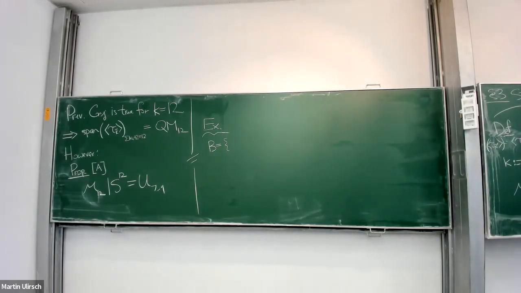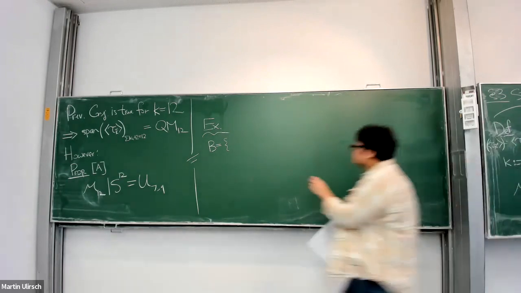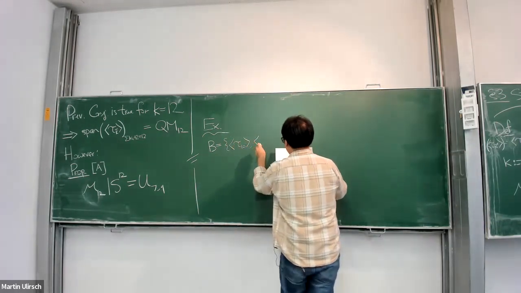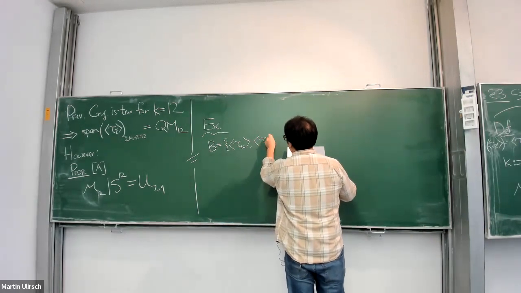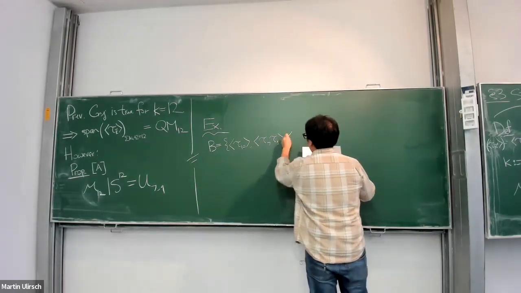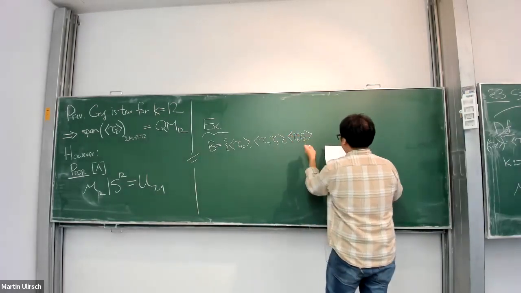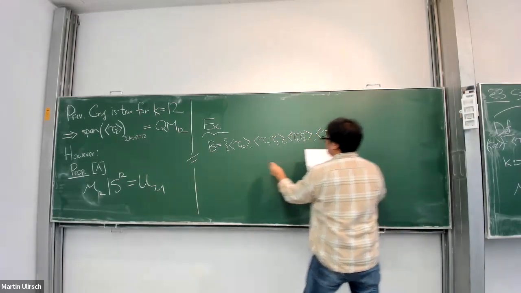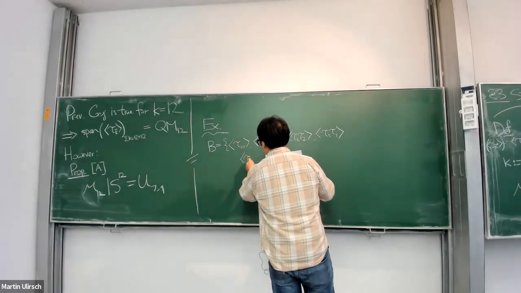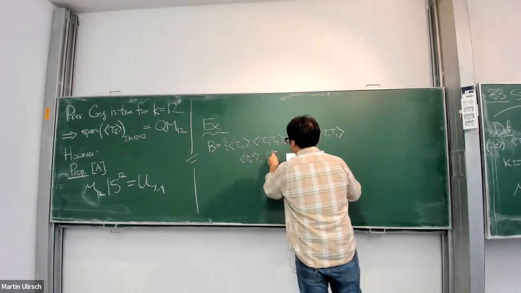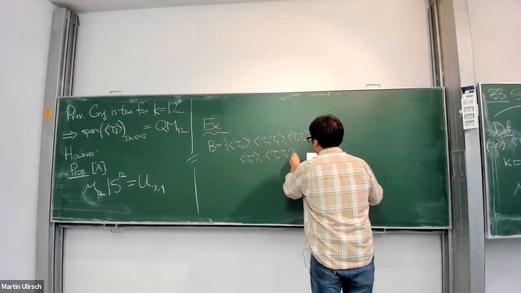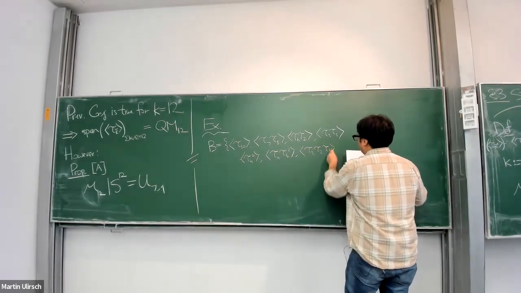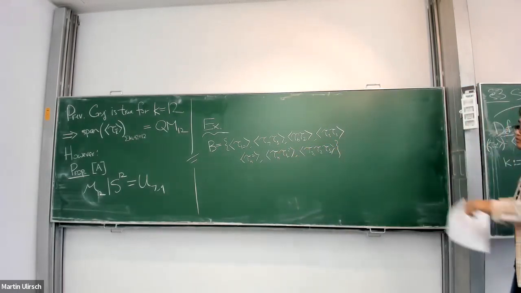Almost done. Consider the basis B given by this. A collection of 7 stationary descendants with no tau zero insertion.